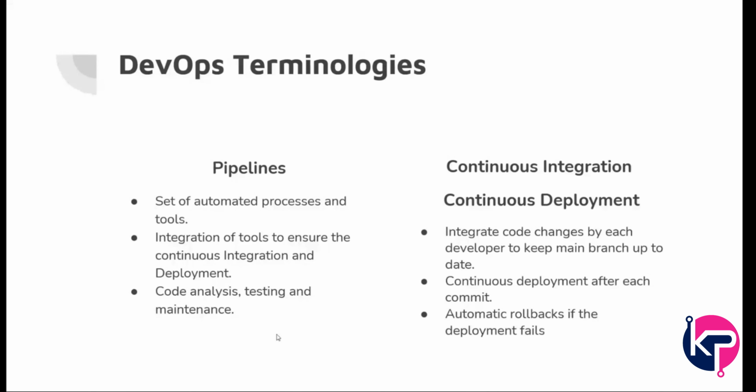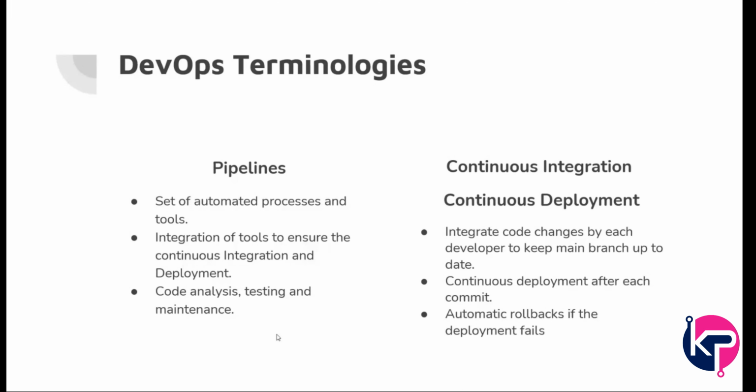Coming to continuous integration, it's nothing but integrating the code changes by each developer to keep the main branch up to date. Whenever the development team makes changes, you want to merge the changes into the main branch.